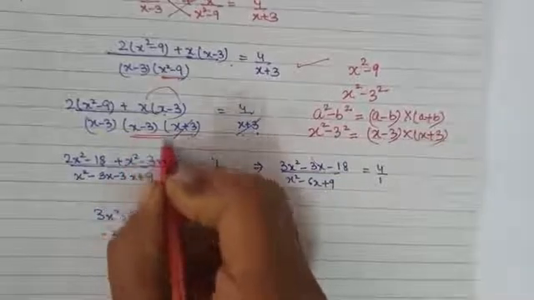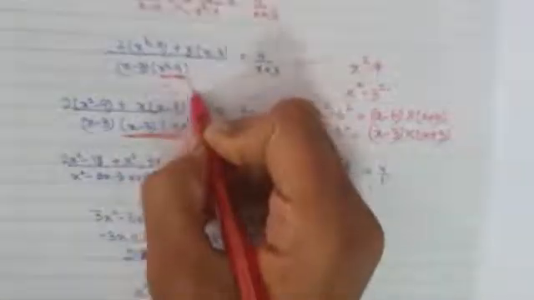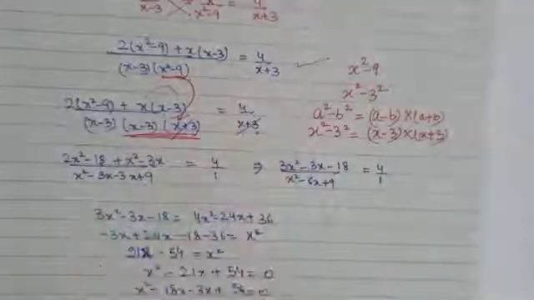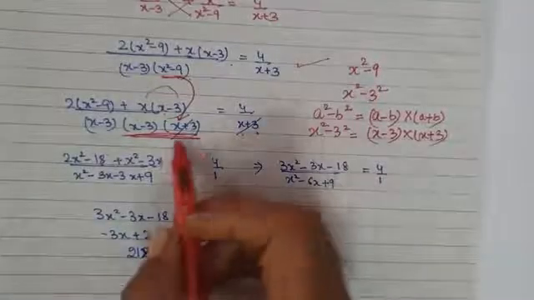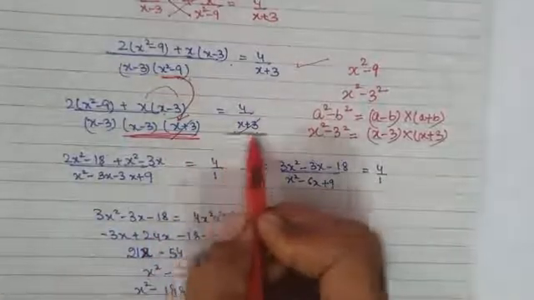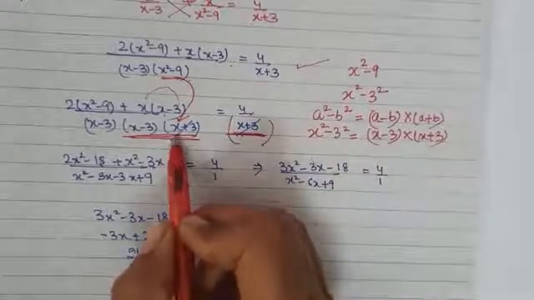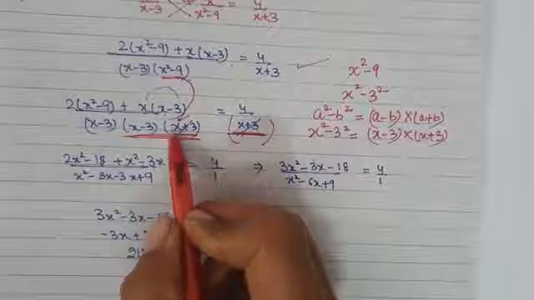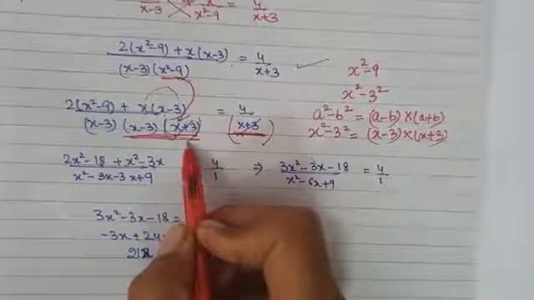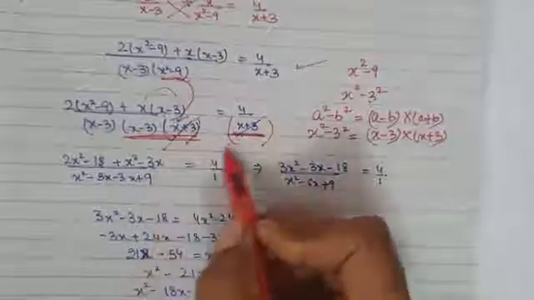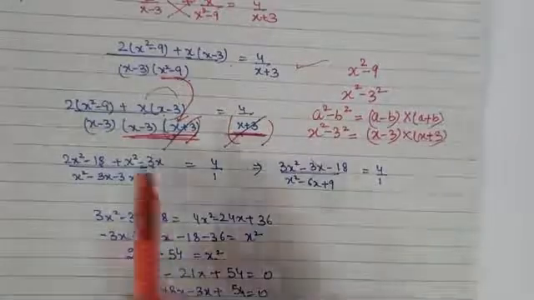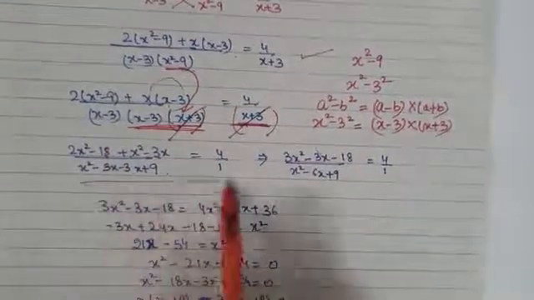So see, I have written this in place of x square minus 9. Now, in the denominator there is x plus 3 bracket. In the denominator also, on the left hand side, x plus 3 bracket is there. So we can cancel them. So we are left with this.